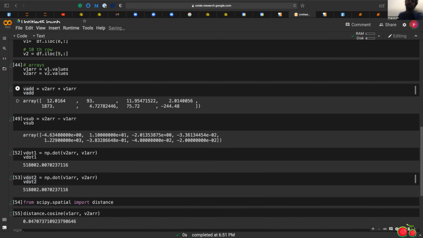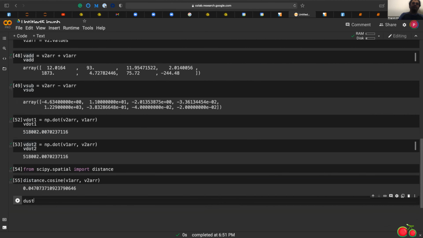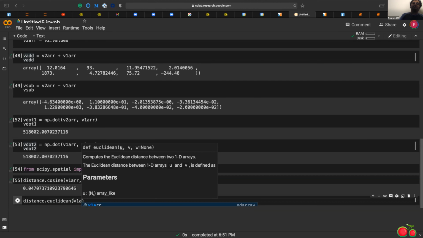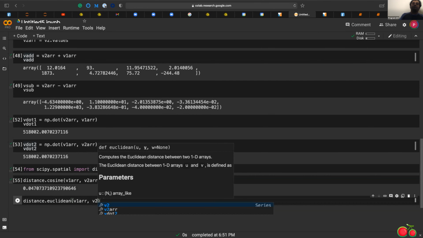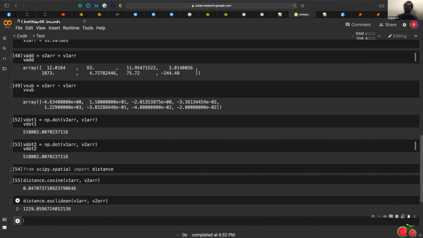Okay, so you can see the point here, right? If you just use the dot product, the raw value, you're going to get such a large number. And if I just look at the distance between these two vectors, the Euclidean distance is nothing more than the distance that I calculate between those 2 points, a straight line distance.